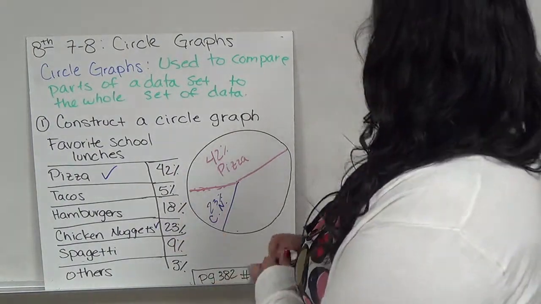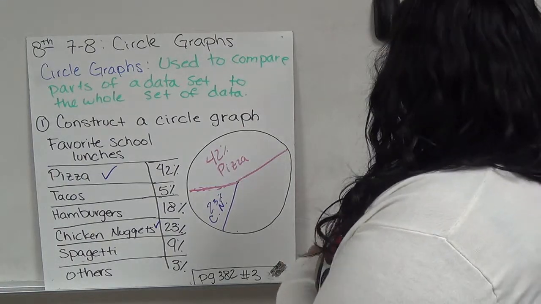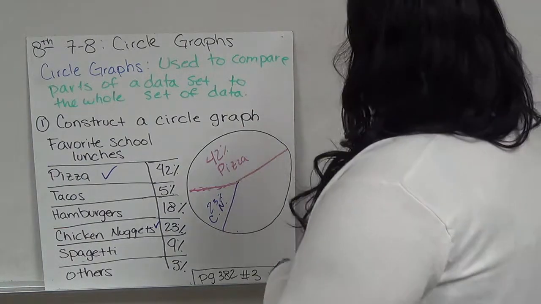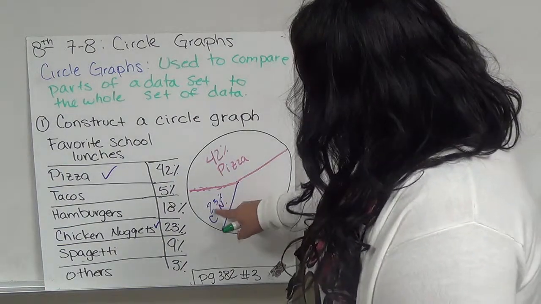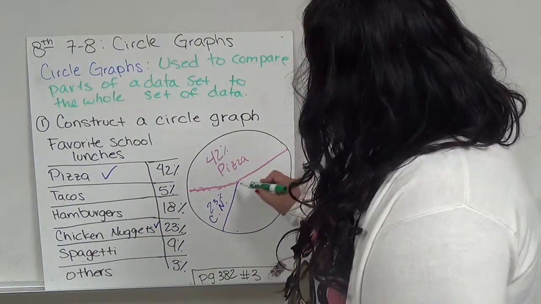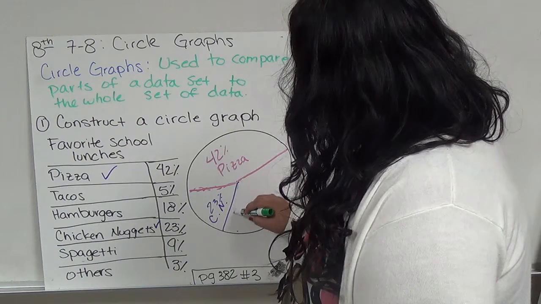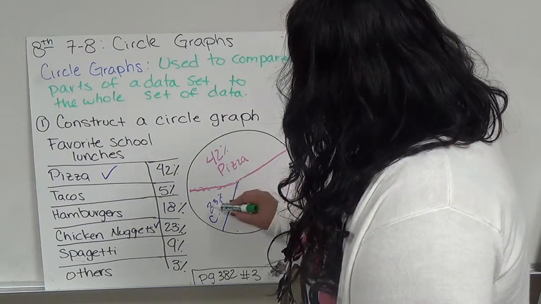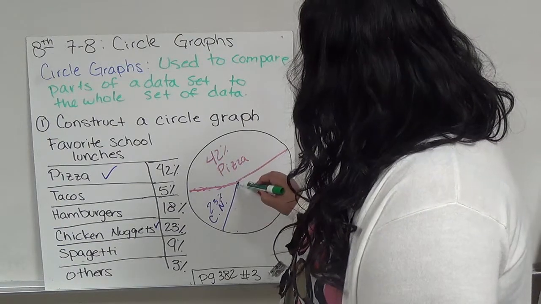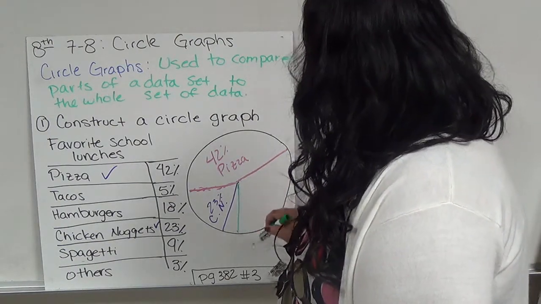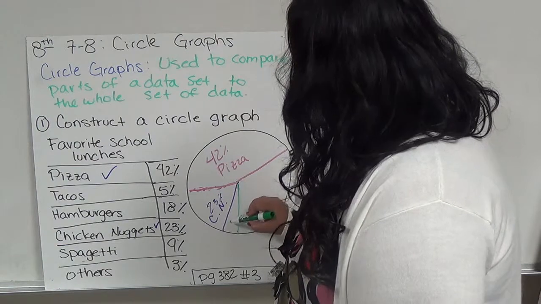Next is 18%. So let me see actually. If this is 23%, I'm going to do 3%. This is 25, right? So this is 2 points away from 25, so 3% would probably be kind of just like right there, right? This would be others.